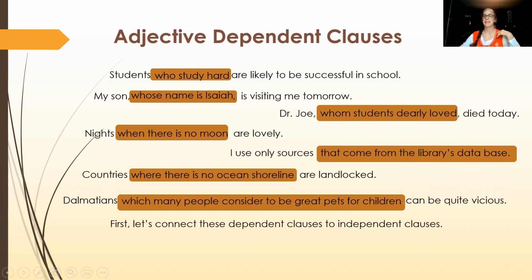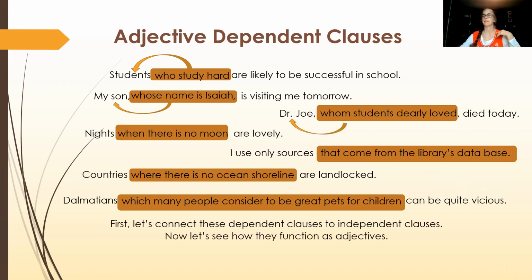All right. Now let's see how these things function as adjectives. Modifying the noun students, whose name is Isaiah, modifying the noun son, whom students dearly loved, modifying Dr. Joe. When there is no moon, modifying the noun night. What about that come from the library's database?